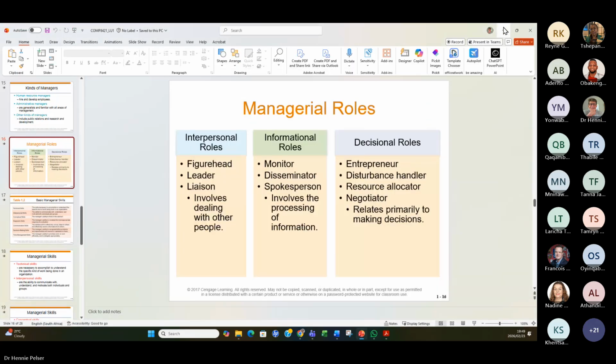Right. So, in terms of the interpersonal roles, these are those get along with people roles. These are those motivation, creating an environment where people can be fantastic, leadership kind of role, the figurehead, the person that essentially people turn to when there are crises.